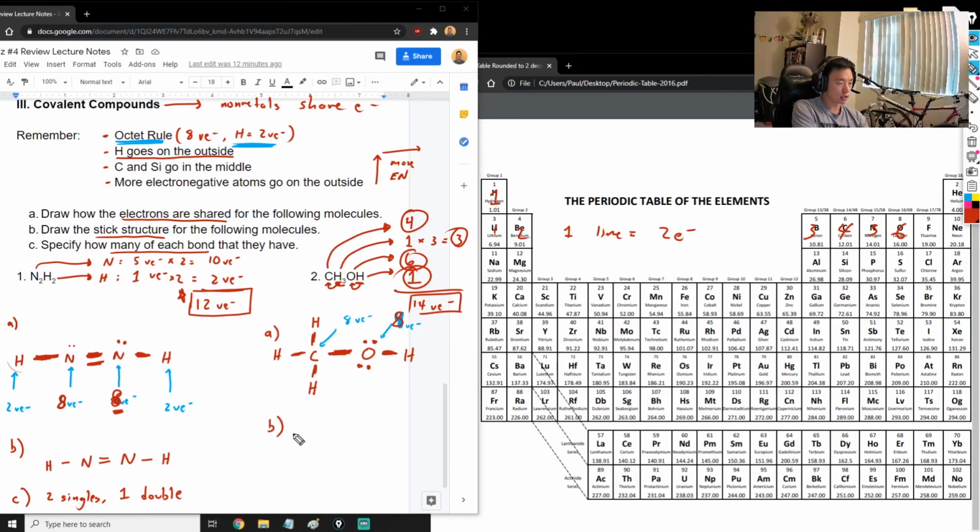Okay, for our stick structure, all we need to do is basically copy it down without any of the dots. And then lastly, we just count how many of each bond we have. So if you take a look at it, this molecule only has single lines, so it only has single bonds. It has 1, 2, 3, 4, 5 single bonds. So this one has 5 single bonds.